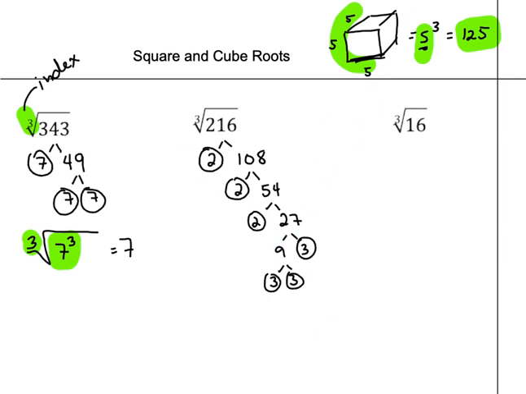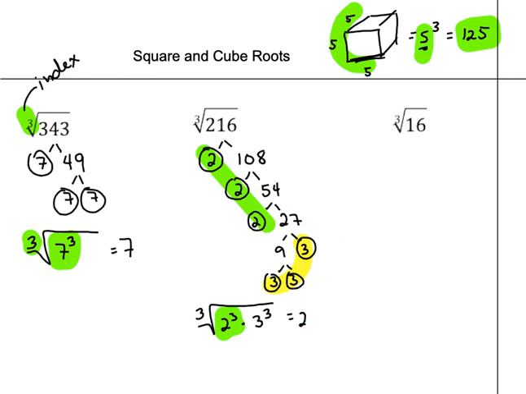So here, again, I'm looking for not squares anymore, not 2 factors. I'm looking for groups of 3. So here I've got the cube root of 2 to the third power times 3 to the third power. So thinking about those bases, the cube root of 2 to the third power is 2.